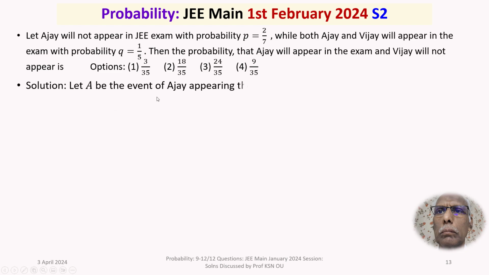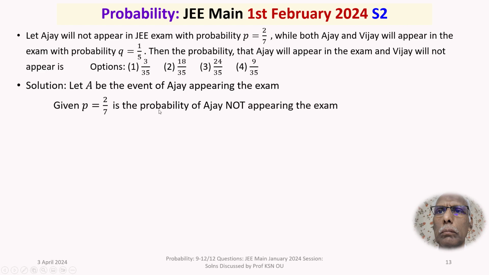Let A be the event of Ajay appearing in the exam. But what is given? The probability of Ajay not appearing is given. So, given p equal to 2 by 7 is the probability of Ajay not appearing in the exam.